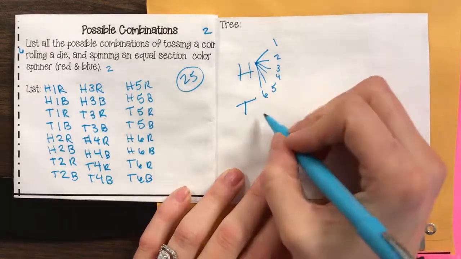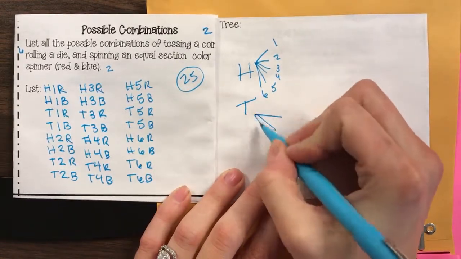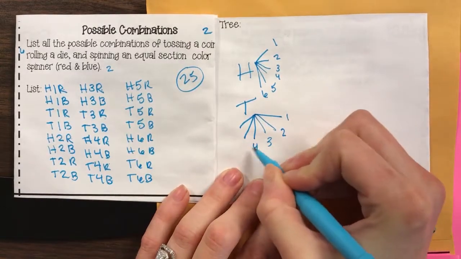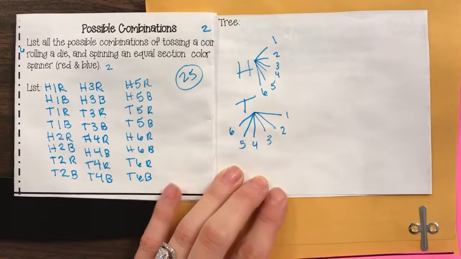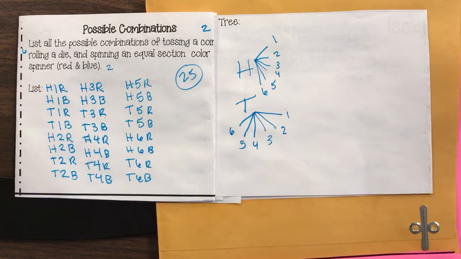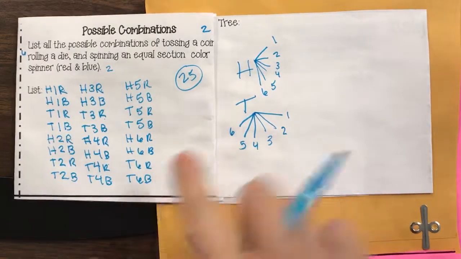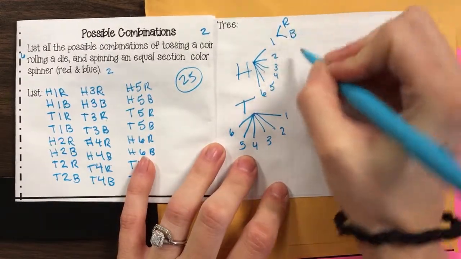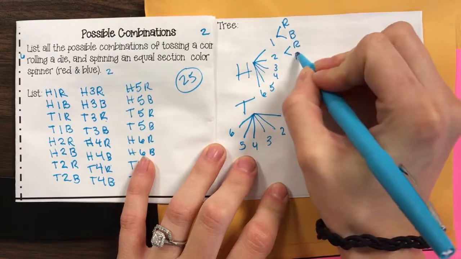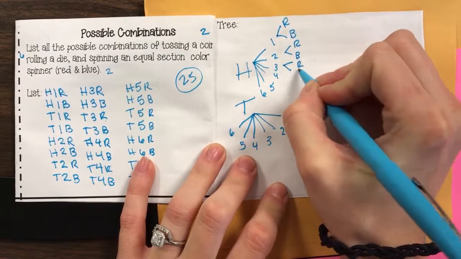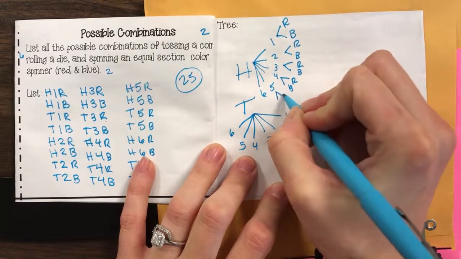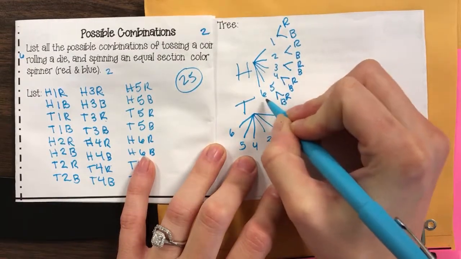I could land on tails and any side of that dice. Then from there, if I land on a 1, I could land on a red or a blue. So that's just two different ways you could see every combination on your test.